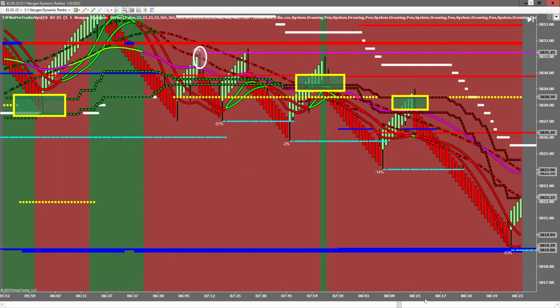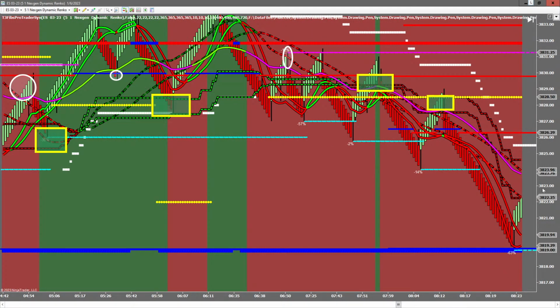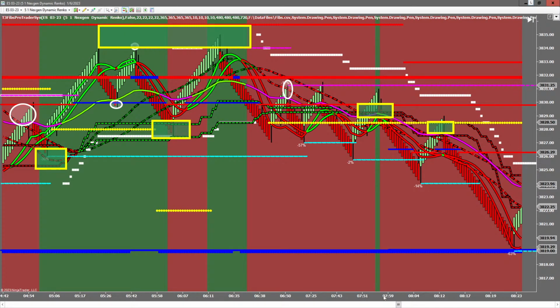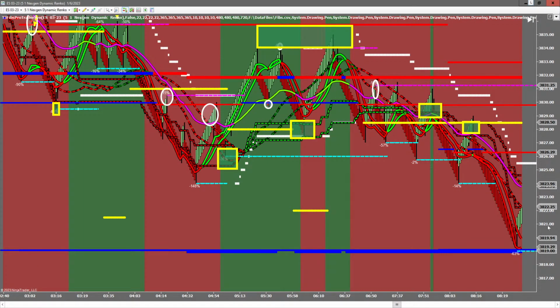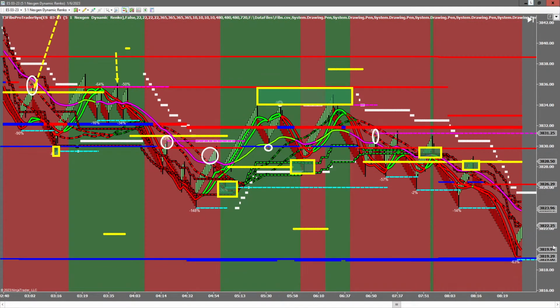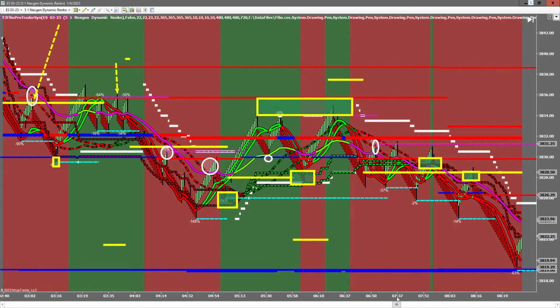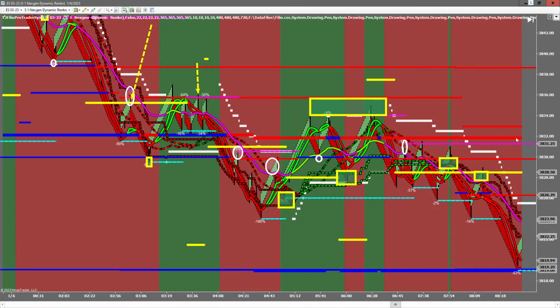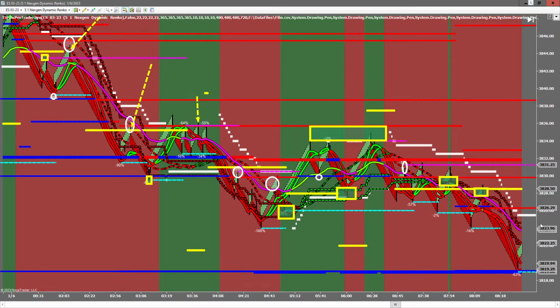So as you go back and you look at the chart, again, there's some areas where you have opportunities. So I'm just kind of squeezing this up, see how much I can get away with. So we had trend trade short opportunities up here with all the triggers going down. We had trend trade short opportunity here with all the triggers going down.